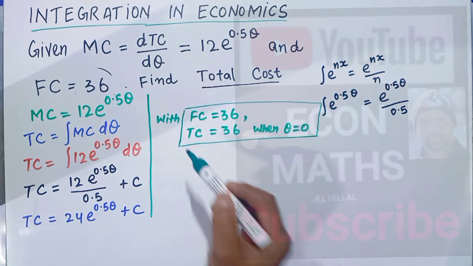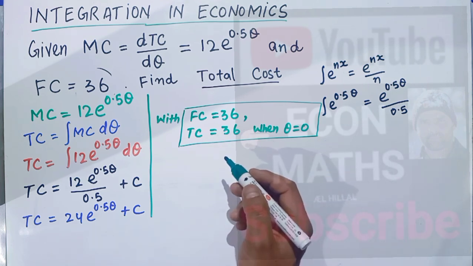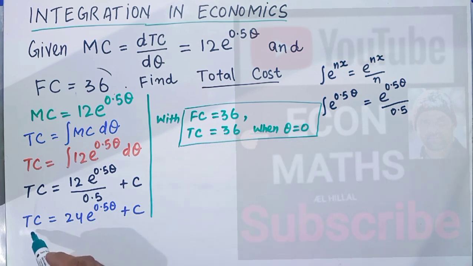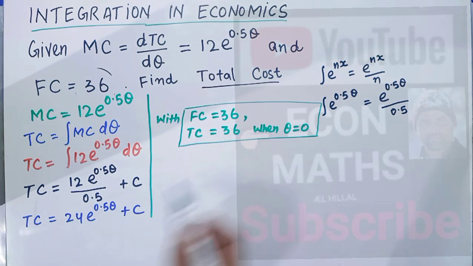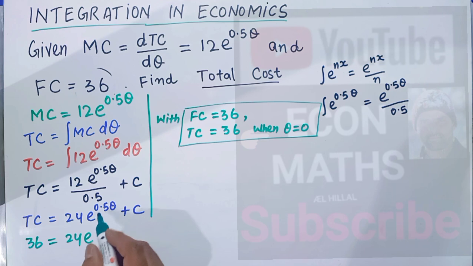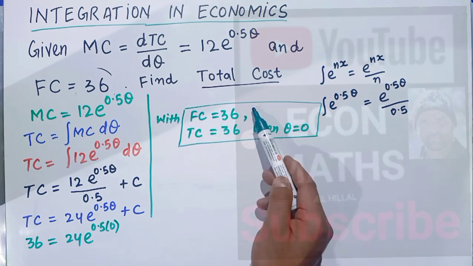Now what we do here, we simply substitute total cost is equal to 36 in this equation. So in place of total cost we write 36. So our 36 should be equal to 24 e to the power 0.5, in place of q we have 0. As I have told you, when output is equal to 0, our fixed cost will be equal to 36.